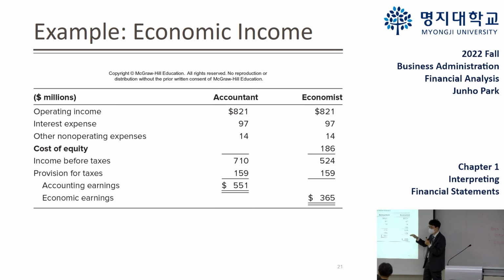And then after deducting taxes, you will get the economic earnings, which is different from accounting earnings. This economic income will be 365, which is lower than the accounting earnings because of our opportunity cost, which we call cost of equity.